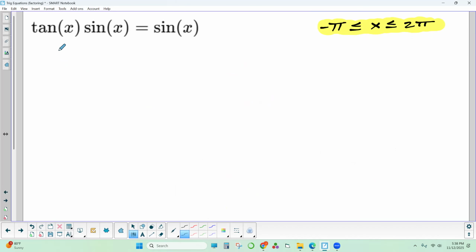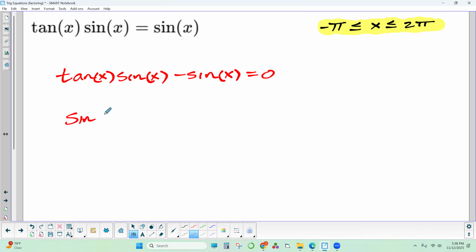In this one, I've got tangent and sine within the same equation. So again, what you want to do is move everything to one side. I'm going to subtract sine x on both sides, and I can see that I can factor out a sine x.